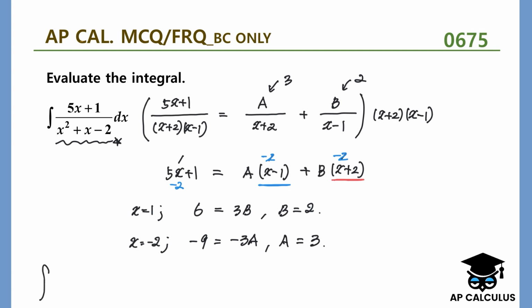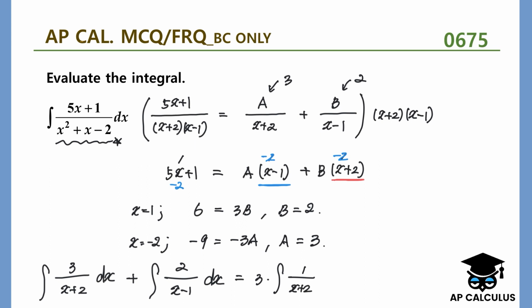So the integral of 3 over x plus 2 dx plus the integral of 2 over x minus 1 dx, right? So that is equal to 3 times the integral of 1 over x plus 2 dx plus 2 times the integral of 1 over x minus 1 dx.